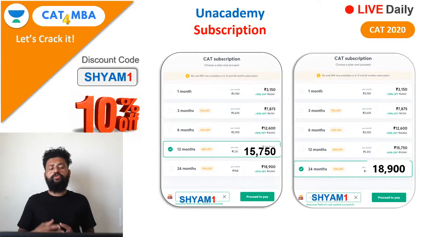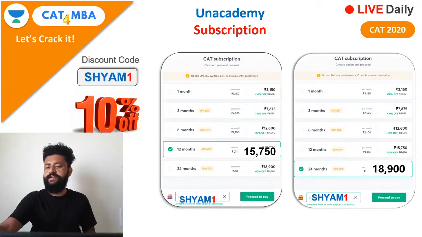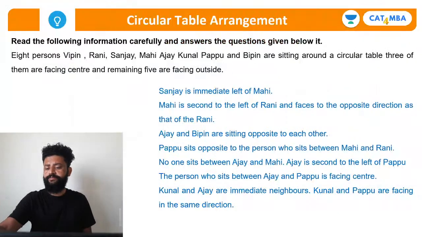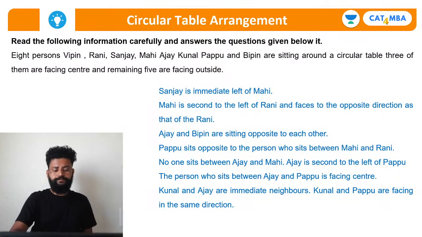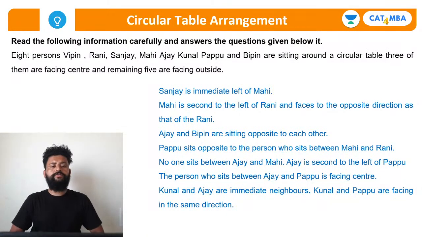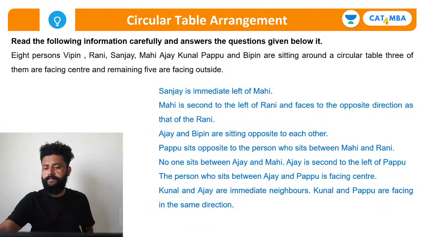Okay, so guys, let's quickly begin with our circular table arrangement. Let's start. So here's the first question. I'll recommend all of you watching this video to go through the points and try if you can comprehend the information. Try to connect the clues properly.